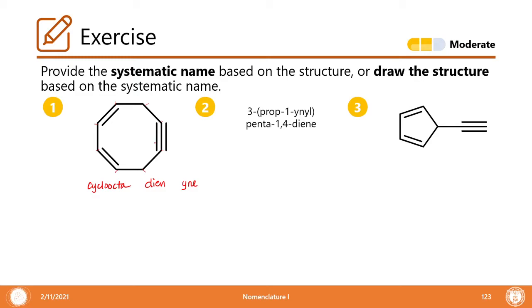Now we'll do our numbering system. If you confirm this, this is the number set that gives the lowest set of locant numbers. So 1, 2, 3, 4, 5, and 6. At positions 1 and 3, we have the alkenes, and at position 6, we have the alkyne.